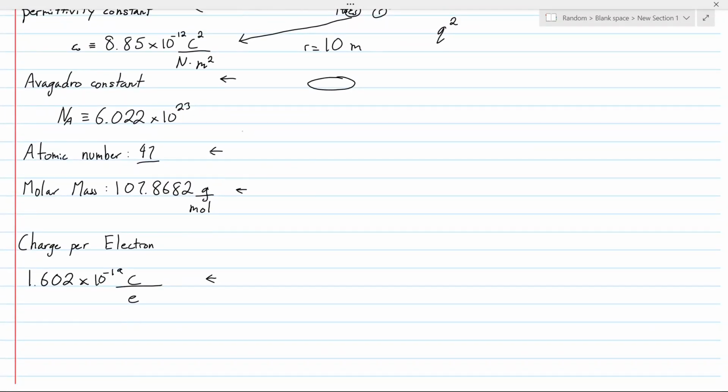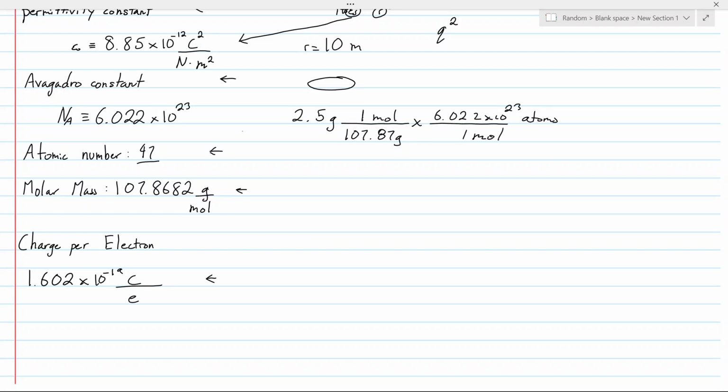The dime has a mass of 2.5 grams, and it's silver, so it has a molar mass of 107.87 grams per 1 mole. Then we multiply that by Avogadro's constant, 6.022 times 10 to the 23 atoms per 1 mole.